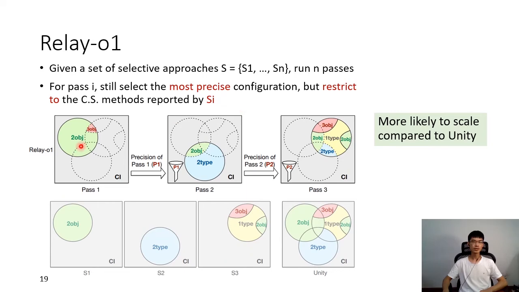But we can see, for pass i, Relay O1 only applies CS to the methods reported by Si. Such a strategy still keeps the most precise CS configuration, but applies CS to fewer methods. Thus, it's more likely to scale compared to Unity. To gain precision as much as possible, we design a filtering mechanism in Relay, represented by these funnels.